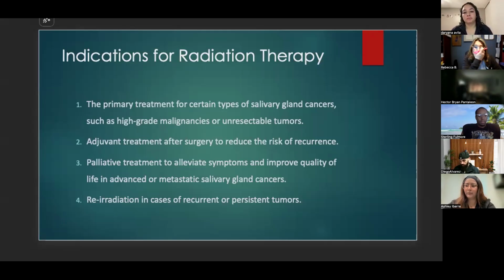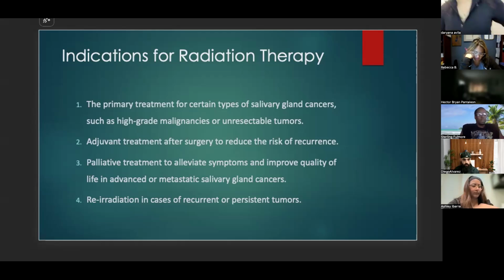Palliative treatment is also used to alleviate symptoms and improve quality of life, specifically for metastatic salivary gland tumors. And if they were radiated previously or had surgery, obviously you can't remove something that's already been removed, so they would come to us for persistent and recurrent tumors.